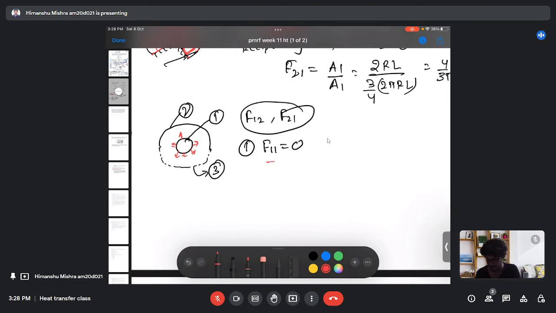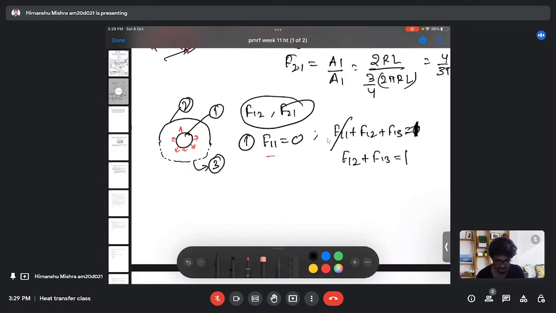So this F11 will be 0, which means no radiation is falling on surface 1 that is emitted by surface 1. So we can use the summation rule. So this will be 0. And we will get this equation.